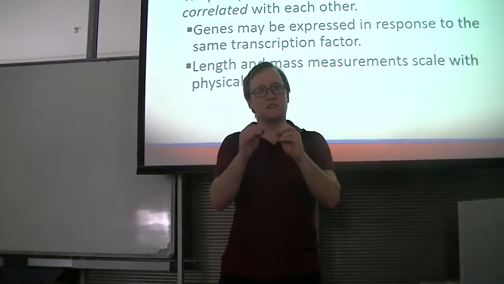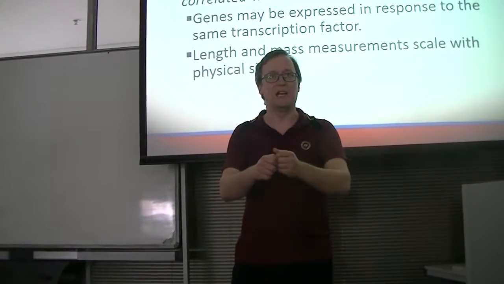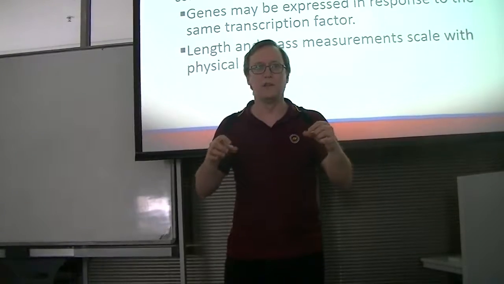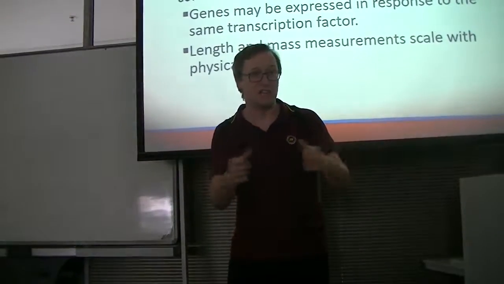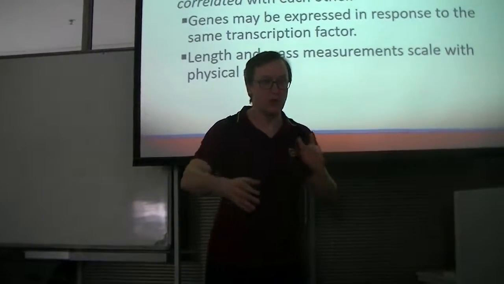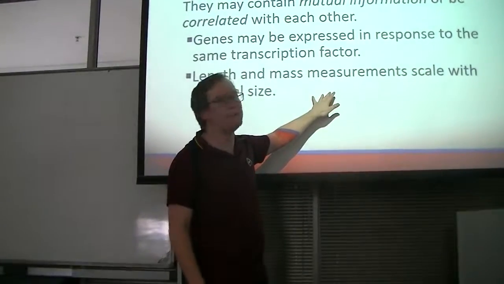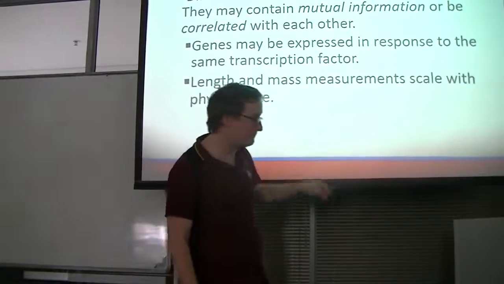Generally speaking, if, for example, you're measuring a leaf length and width, we would expect that one correlates with the other, that longer leaves are also wider. Everyone get that? Okay. So physical dimensions also tend to correlate in this way, and we want to be able to deal with that.